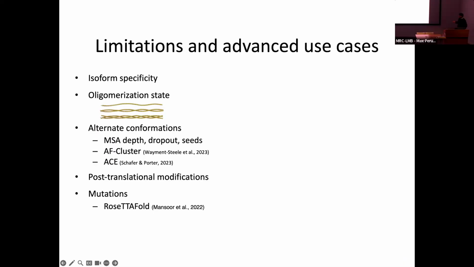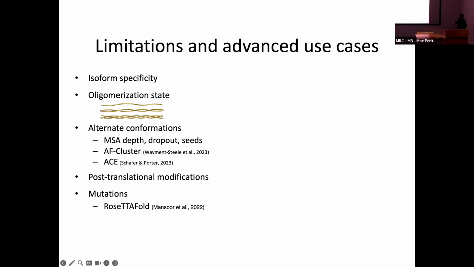Also, oligomeric state is a problem. In this case, you knew that your protein is a dimer, but if you didn't know and you fed AlphaFold 3 copies of your protein, it was still going to create a triple helix, which looks like it could exist, but we know from biochemical experiments that it is a dimer.